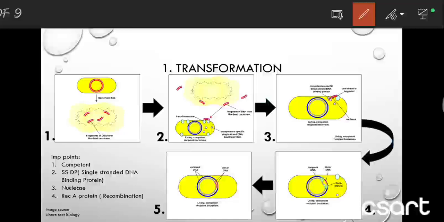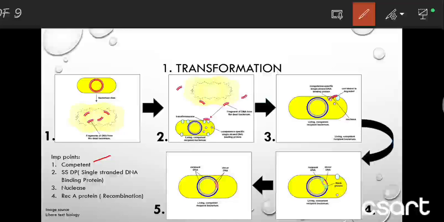Through the diagrammatic representation we will learn the transformation. Before this, you should know the important factors needed during transformation. First one is competence. A competent cell is a cell which has the ability to transform itself with another microorganism.